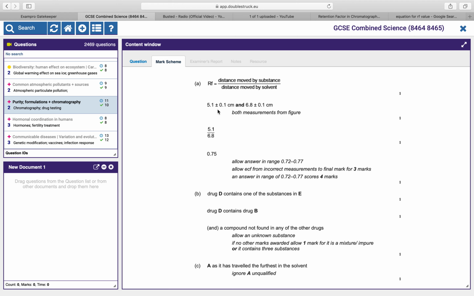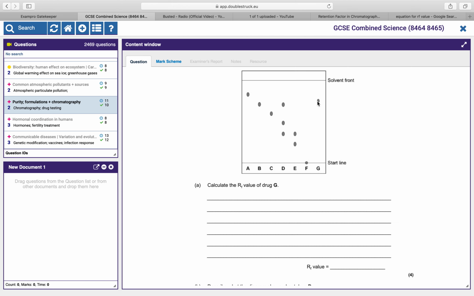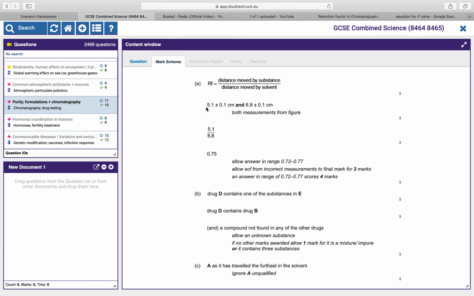Notice how they've got this plus or minus 0.1 centimeters. When you're doing this calculation, they don't mind whether you're taking it from the bottom, from the top, or from the middle of each point when you're doing the measurements. They take that into account. But be consistent. If you're going to take it from the top of each one, just take it from the top of each one.